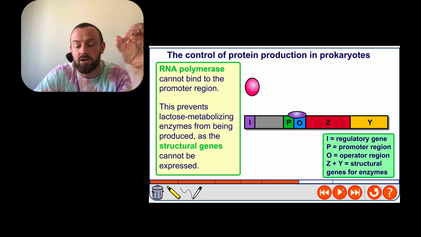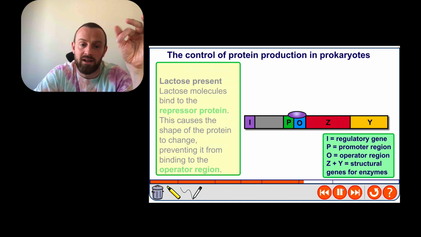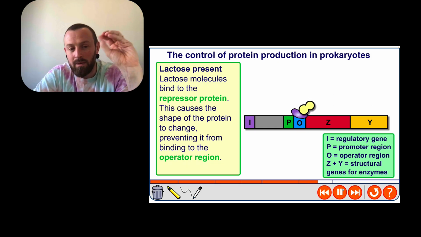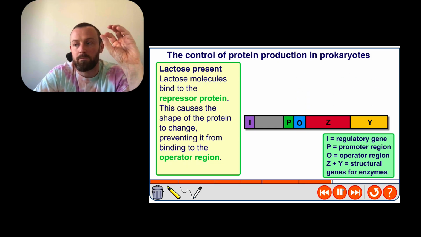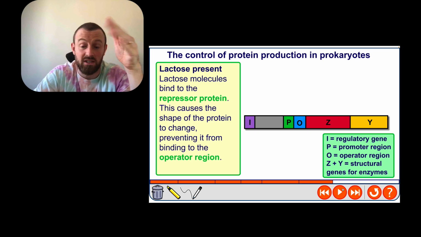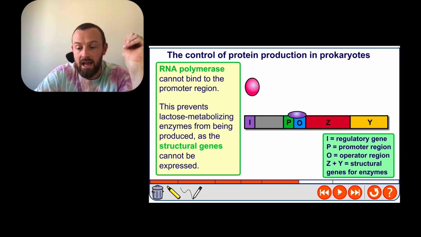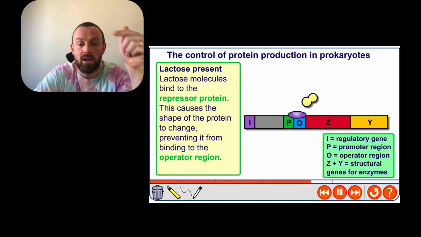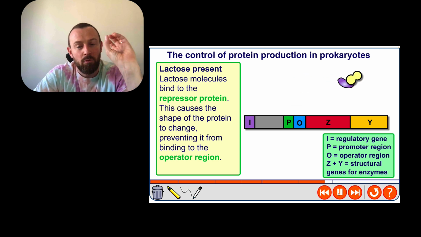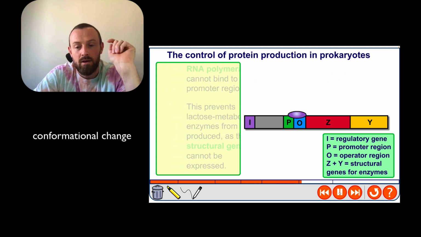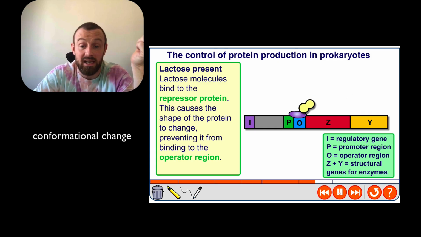If a little bit of lactose is detected, a tiny bit of lactose will just about seep into the bacteria at very low levels, even if these proteins aren't present. What then happens is lactose binds to the repressor protein, and the repressor then changes shape slightly. I'll show that again. Then it unbinds from the DNA.